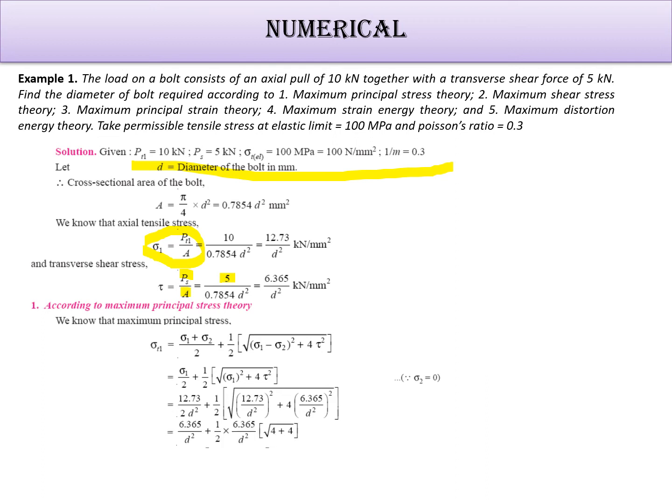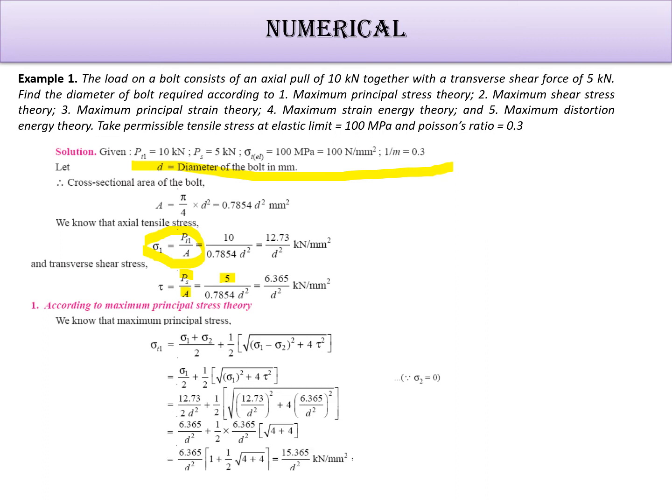After solving, the first term becomes 6.365, and we get a common term, 6.365, so put it to one side. Then 1 by 2 is here, and the 4 into these terms are squares, that's why it comes out of the square root.